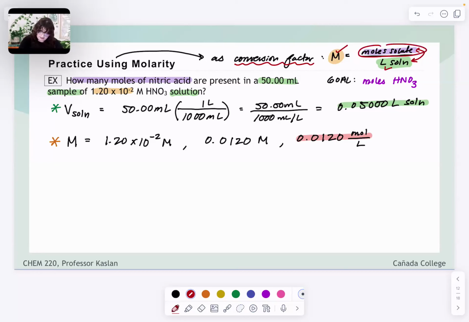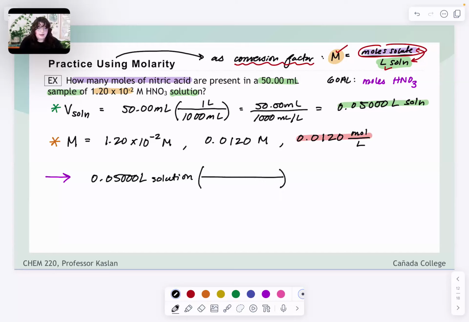So now let's get moles of solute. So remember, molarity itself is going to be the conversion factor, right? This is what's going to allow us to convert a volume to moles or vice versa. So I'm going to start with the quantity that I know. I'm given a volume, that's my starting place. So I have 0.05000 liters of solution.